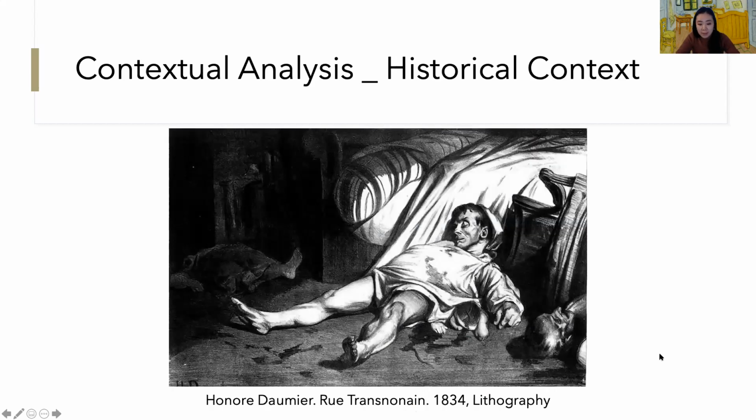And here's another example for the contextual analysis. What can you see from this work of art? Looks like a man who is drunk or was drunk, and he looks like he's dead or passed out. Seems like there was a fight within the room, possibly. There are multiple people in the background in the dark.